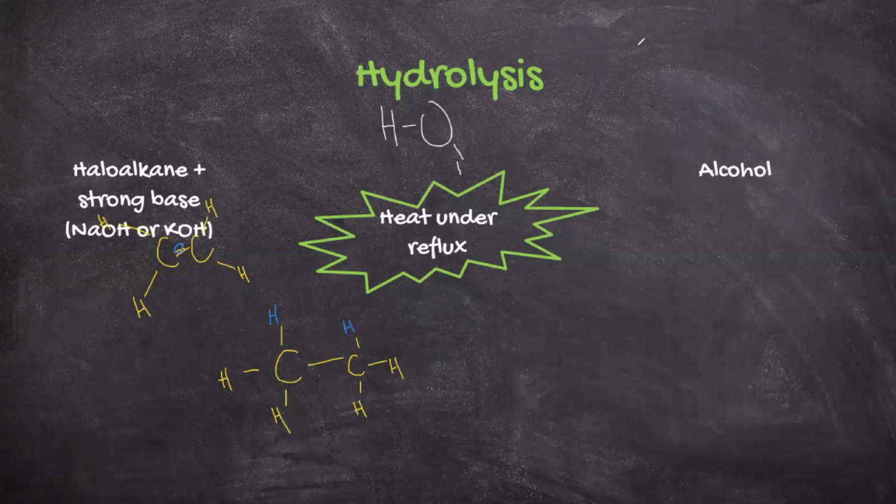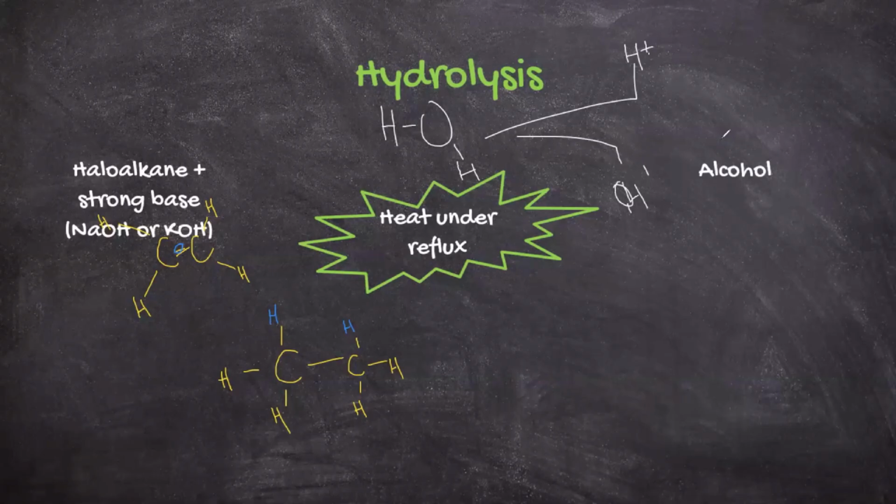This can break up into H plus and OH minus. Remember that OH minus is the functional group for an alcohol. That's the most important part that you need to know: water is contributing the OH minus that you're going to need to form your alcohol. The heating under reflux bit and using the strong base as a catalyst bit, you just need to memorize.